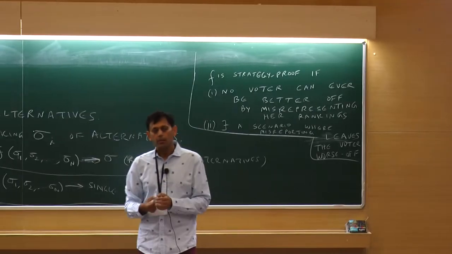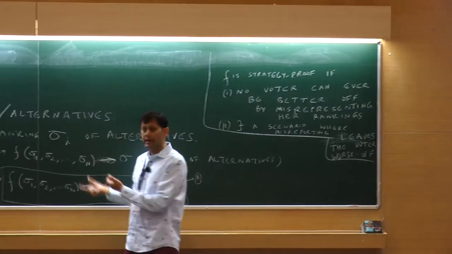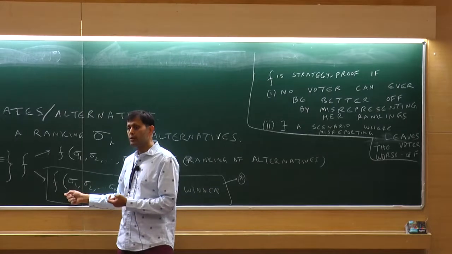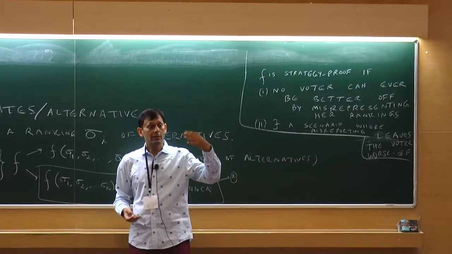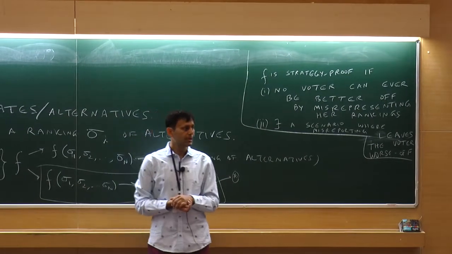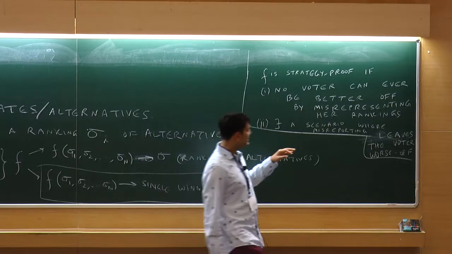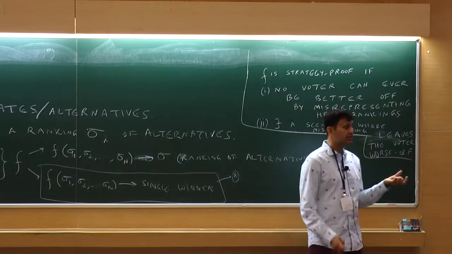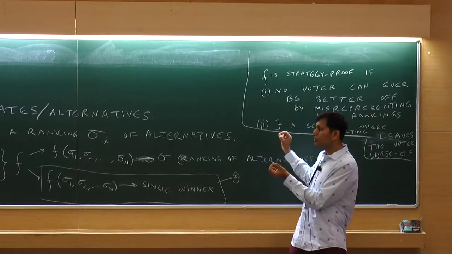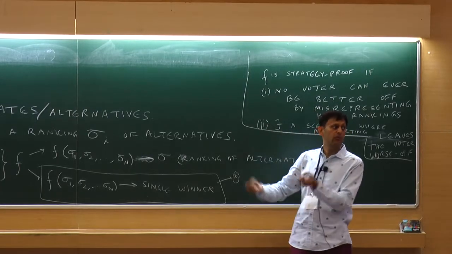By misreporting a ranking, she cannot make someone win who's higher up in her ranking than whoever was winning before. And for any misreporting that she does, there exists some set of votes which others could have cast where she would be worse off.